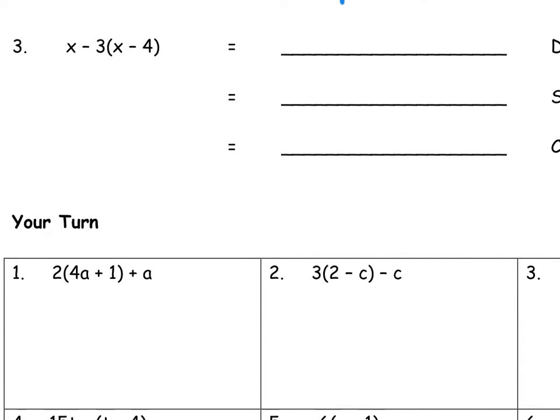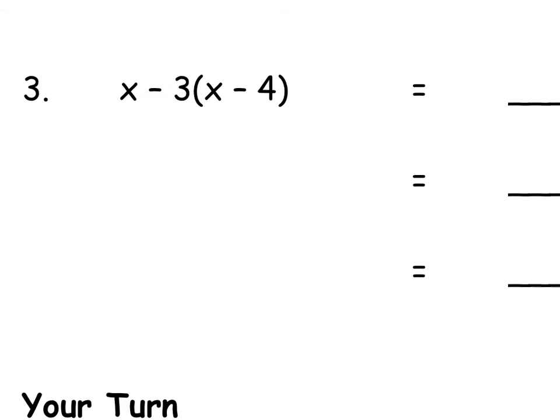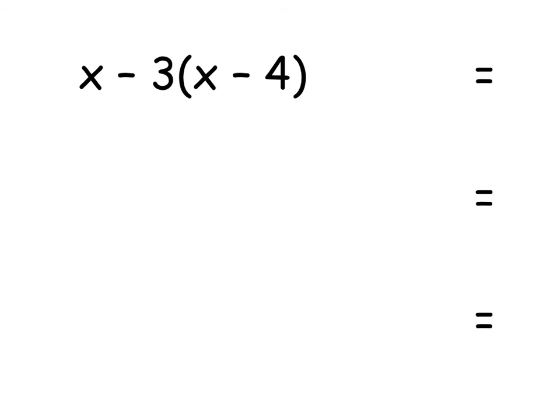You need to understand when we're doing distributive property, you only multiply what is directly in front of the parentheses. And as we look here, you can see that it's just this negative 3 that is in front of the parentheses. So you're just going to multiply that negative 3 times x and the negative 3 times the negative 4.